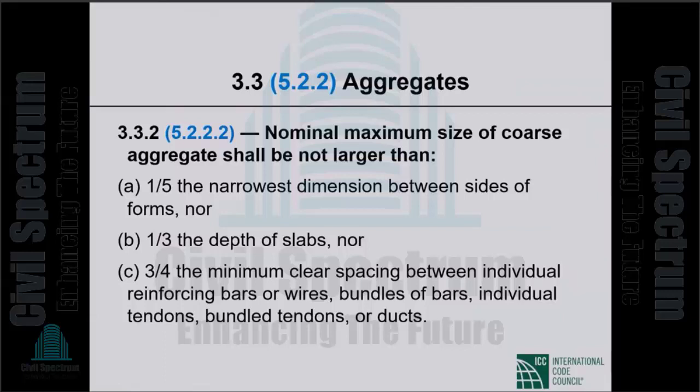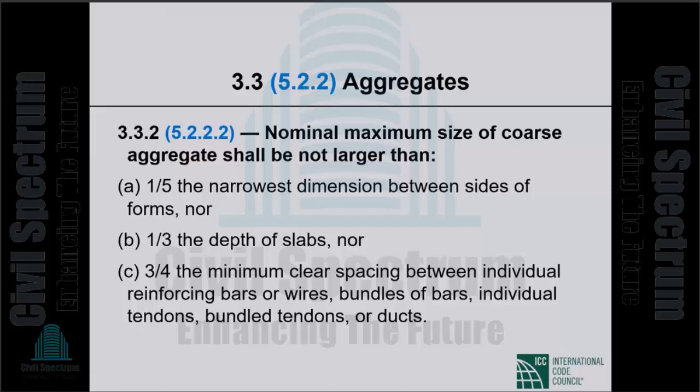The next slide also has something extremely important. Nominal maximum size of coarse aggregate shall not be larger than... Nominal means it is not the measured number, it is what it is claimed to be. So nominal 3/4 inch aggregate may be smaller when you actually measure it.